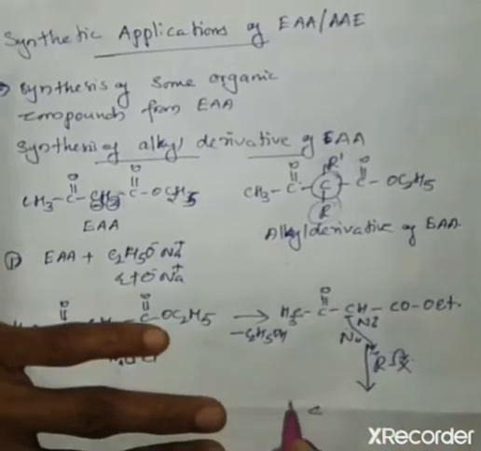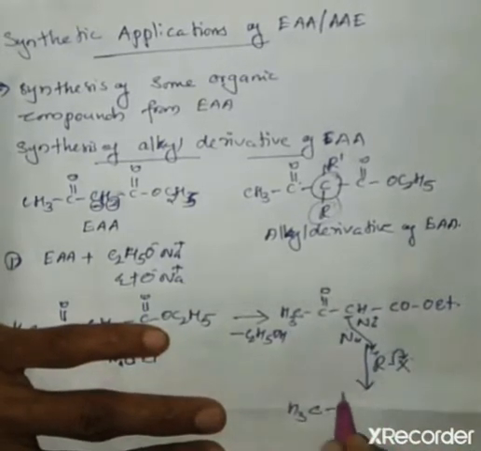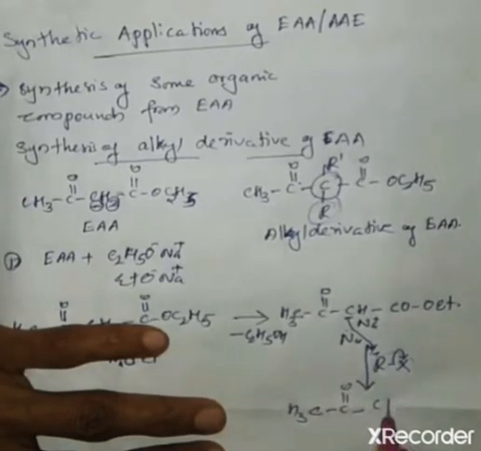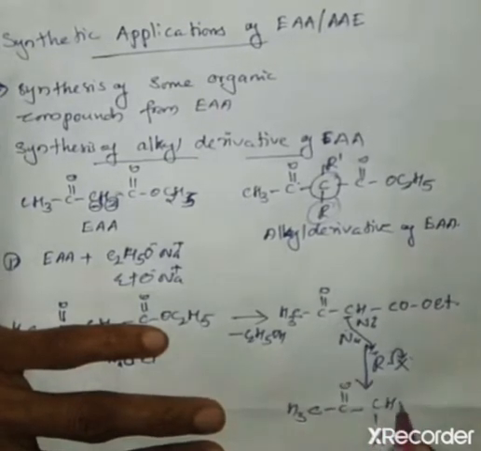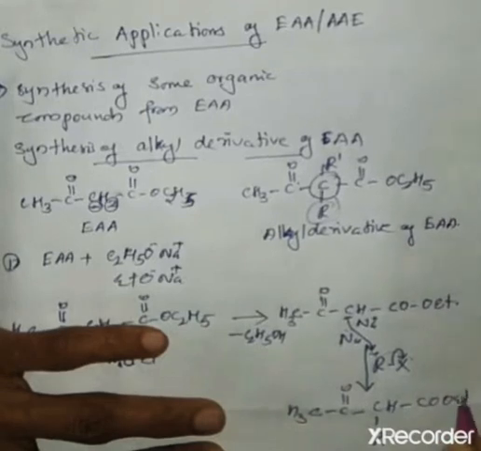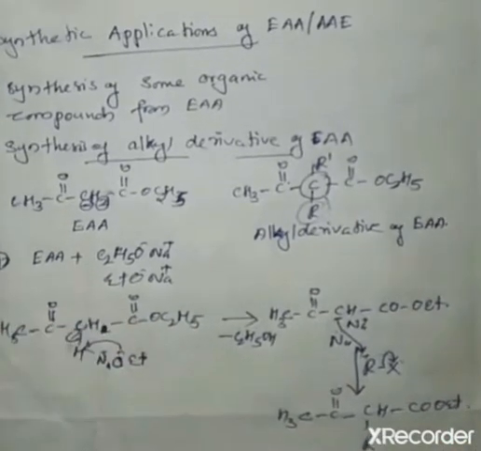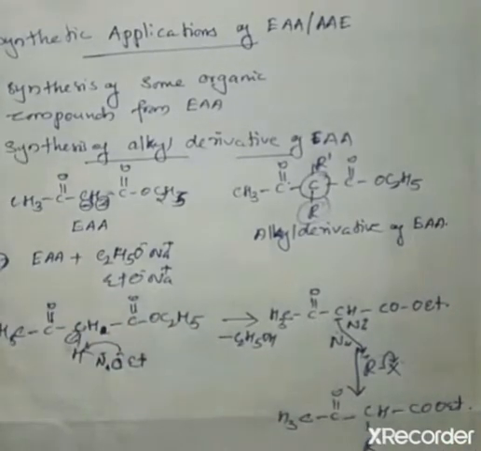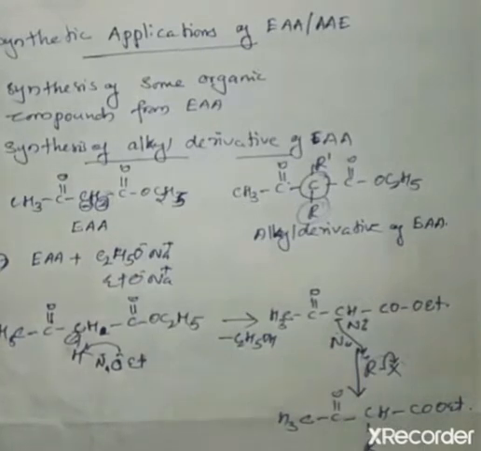We get the monosubstituted, monoalkyl derivative of ethyl acetate. These two steps were already discussed in the previous class. So these are the steps for the synthesis of alkyl derivatives of ethyl acetate.